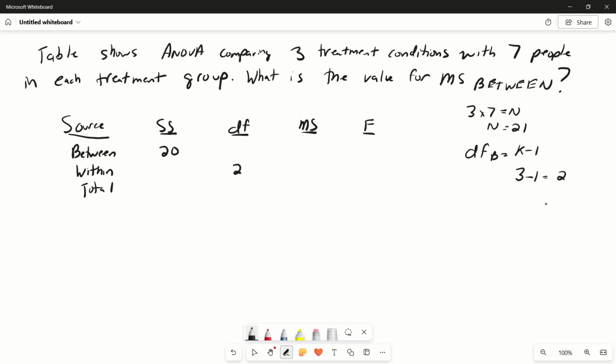So degrees of freedom between is 2. So here we have mean squares between: 20 divided by 2, mean squares between is 10.